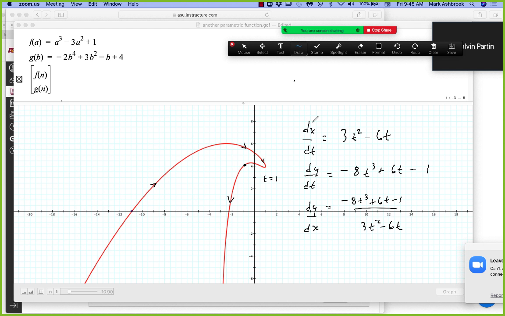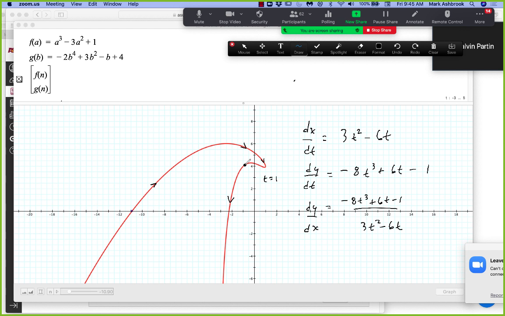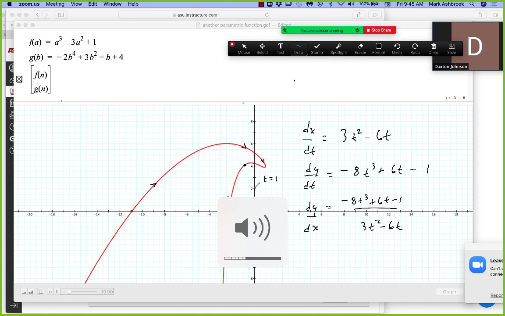Is dx dt positive, negative, or zero-ish here at t equals 1? Negative. Okay, so negative is right, because for increasing t, for a small change in t, we generate points to the right, or in the negative x direction, right? Going through here like this. And because of that, dx dt is less than 0.